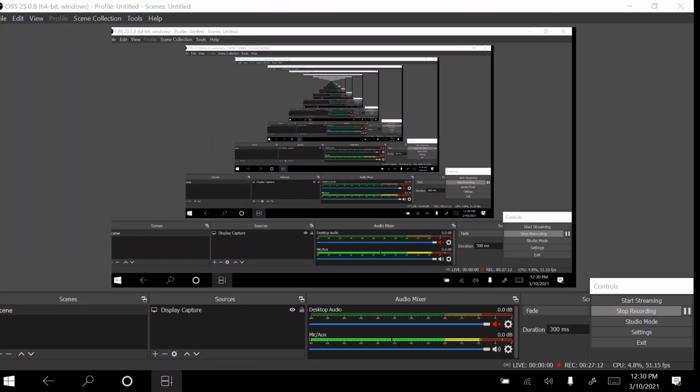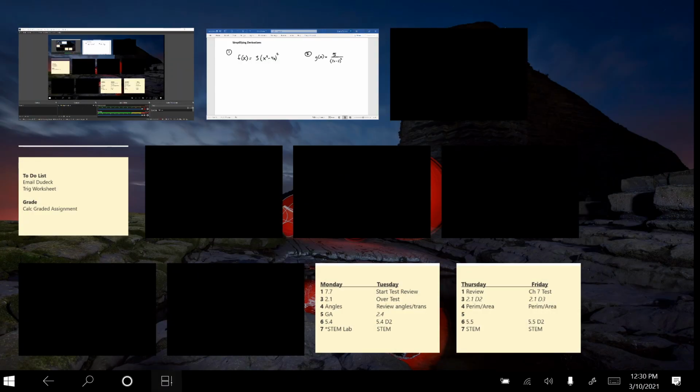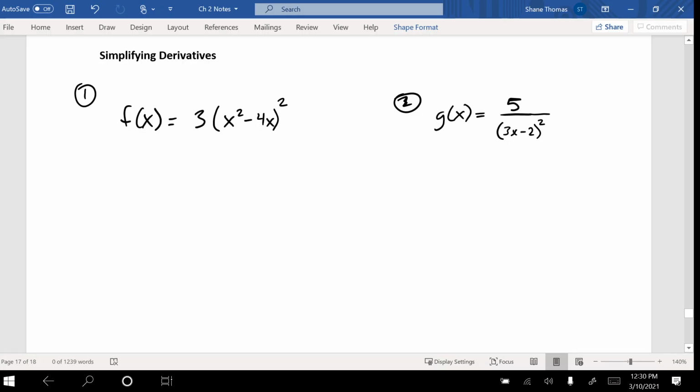On the first one, it's based around the power rule. All right, so we're going to rewrite this as 3u squared. Then u is going to be x squared minus 4x. Good so far. Okay, so then we'll apply our differentiation. f prime of x is going to be 6u du.